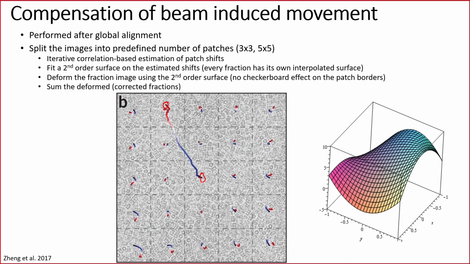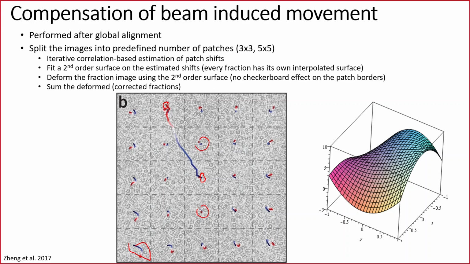Yet when we are doing patch-based alignment, we see that these patches of the already globally aligned frames or fractions are moving a little bit, and they are moving differently. There are sometimes larger movements and sometimes very minor movements. These minor movements are usually concentrated in the middle of the image because of this dome effect.